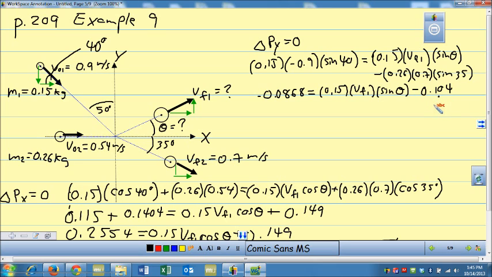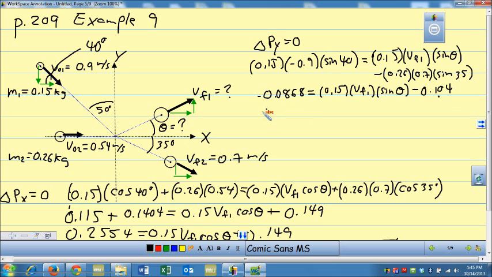So if we add 0.104 to both sides, and be careful, you're adding it to a negative here. So you have negative 0.0868 plus 0.104.